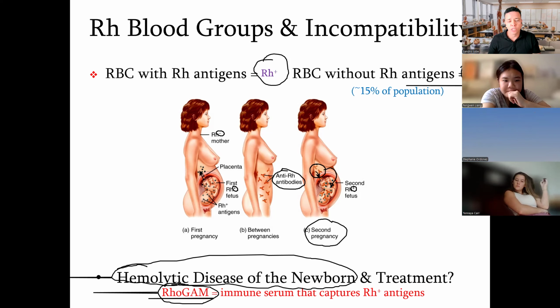And what RhoGAM is going to do is prevent the formation of anti-Rh antibody. So if she gets pregnant the second time, she won't have the antibodies against the Rh antigen. So the second pregnancy is going to be just fine.